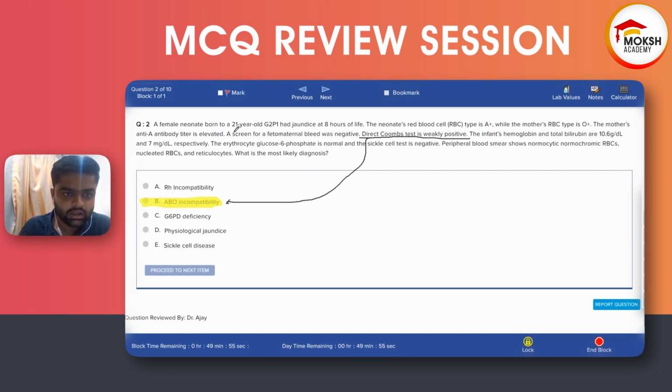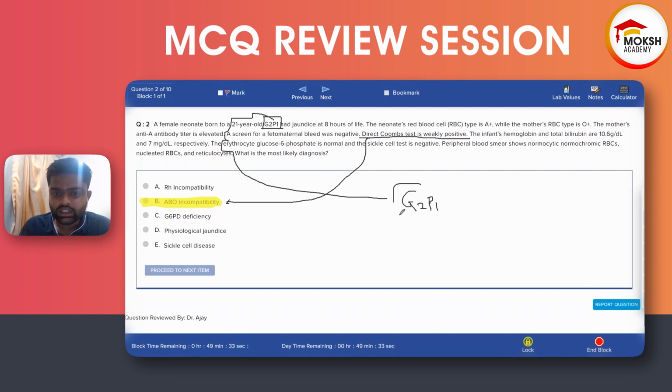Let's see. Remember, how do we make use of this in any pregnant woman? They will say G1, like this. Here it's G2, P1.